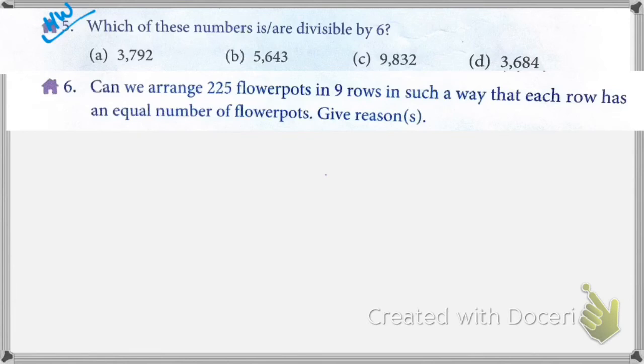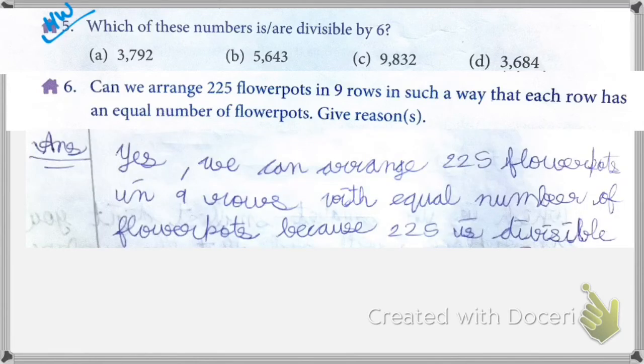So yes, this number is divisible by 9, so we can arrange it. You can write the answer that yes, we can arrange 225 flowers in rows with an equal number of flowers, because 225 is divisible by 9. You can write here: divisible by 9.